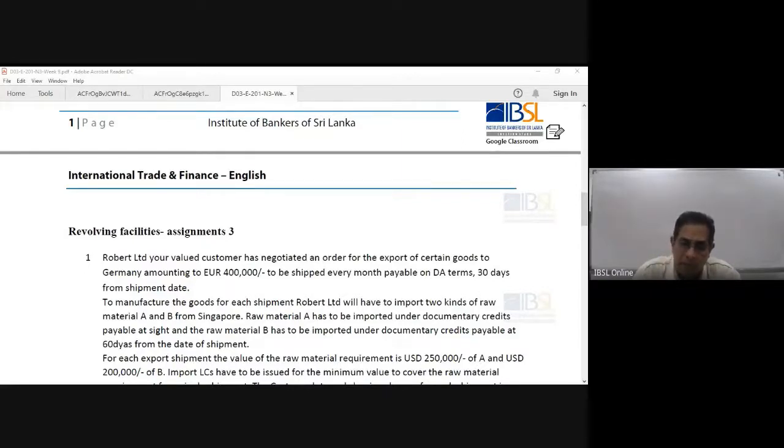But if the goods are damaged after placing the goods on board the vessel, underline the word after there, then the risk is on the buyer's account.